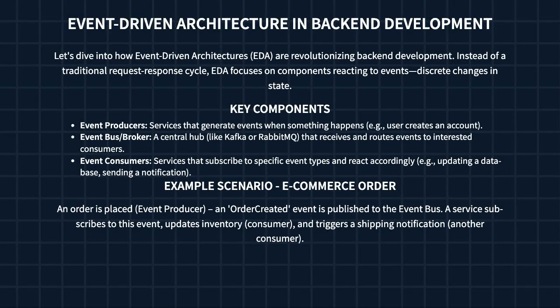Okay, so let's talk about how event-driven architecture is changing the game in backend development. Instead of a system constantly waiting for requests and then sending responses back, we're building systems that react to things happening, events. Think of it like this: an event producer, maybe a service handling user logins, generates an account-created event when someone signs up.